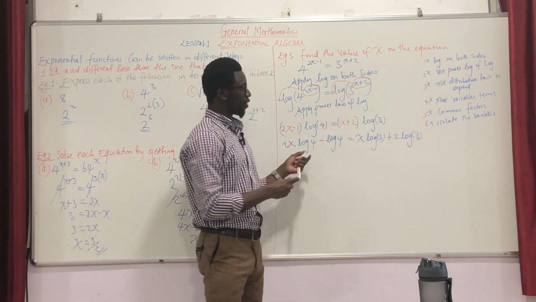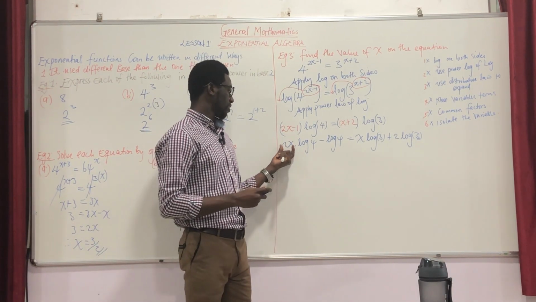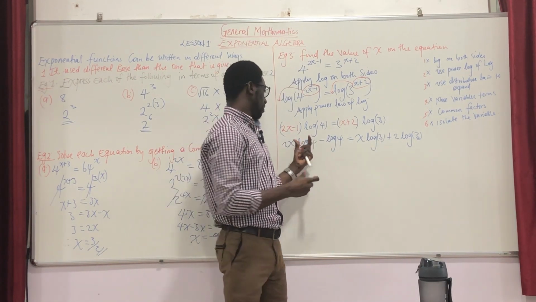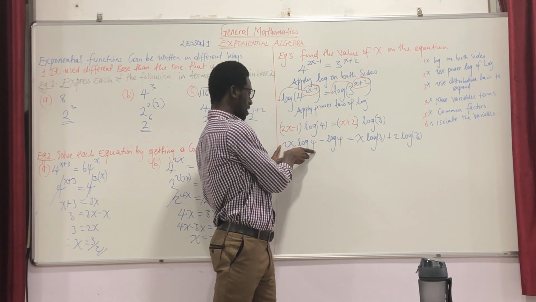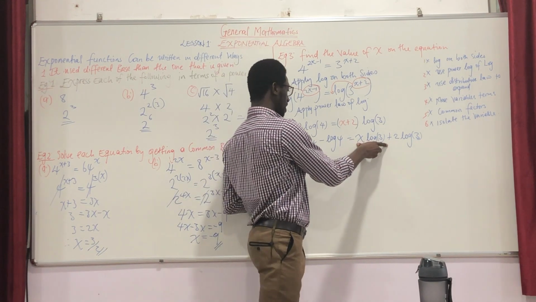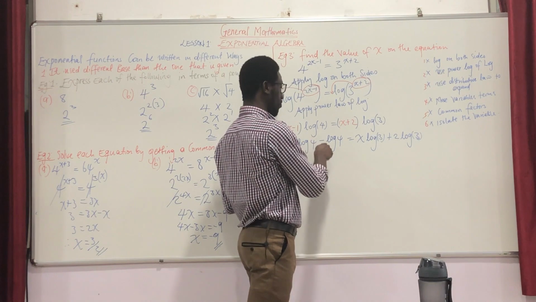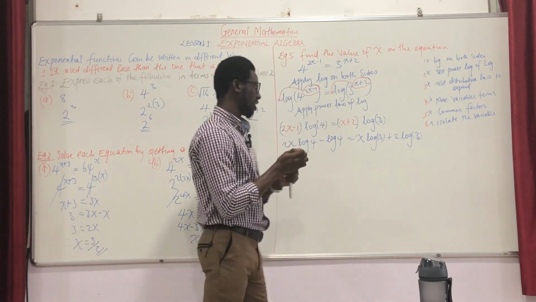So now from this point we can just try to equate the variables and the constants. Okay, here this one has x and this one has x, so we transpose one with a variable and one with a constant, so we try to find x.